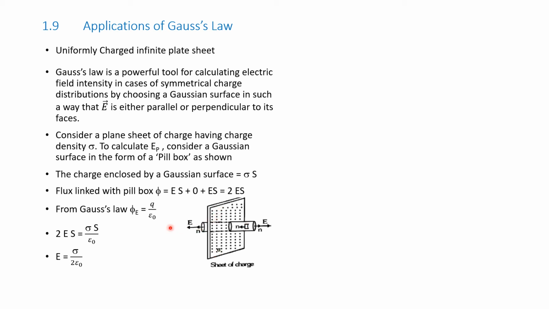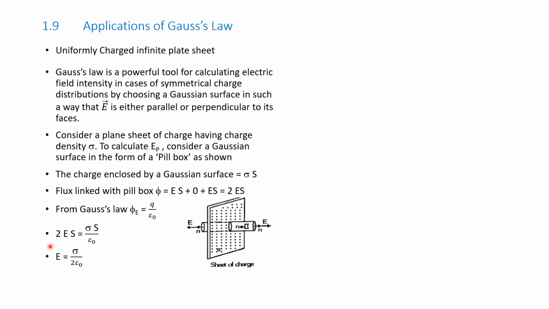Therefore, from Gauss law, phi E is equal to Q by epsilon naught. Therefore, the flux 2 into ES equals sigma into S divided by epsilon naught as per Gauss law.